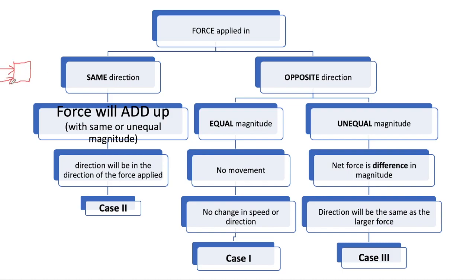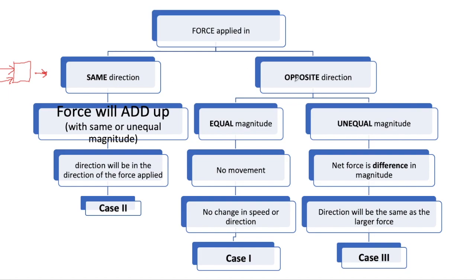So what happens in this case? The forces add up, and it does not matter whether the forces are of equal or unequal magnitude. The direction of the motion of the object will be in the direction of the force applied, that is towards the right in this case. So this was our case 2 of the discussion.